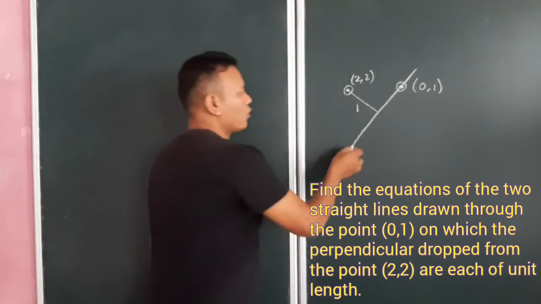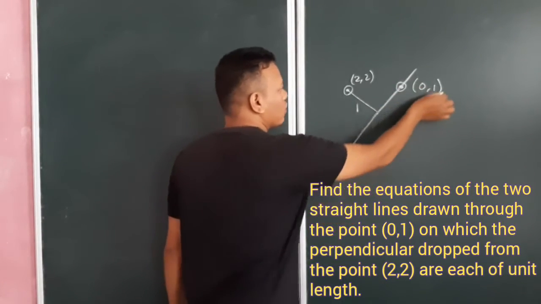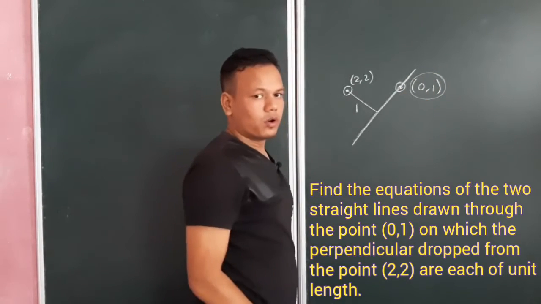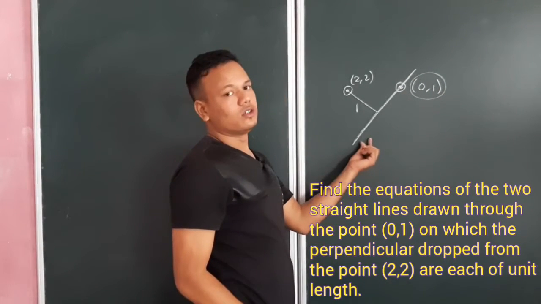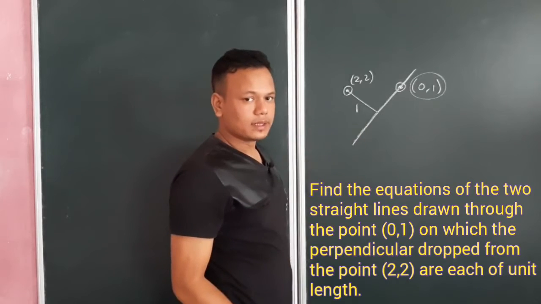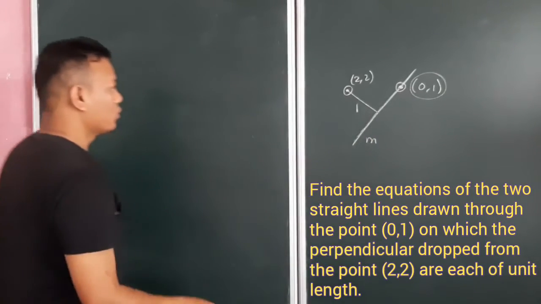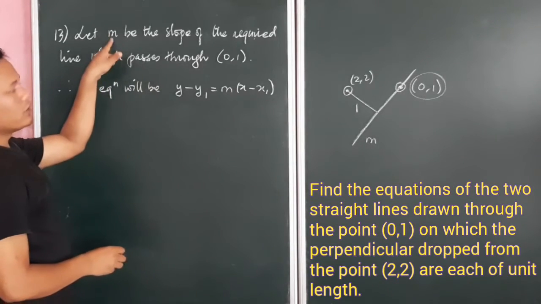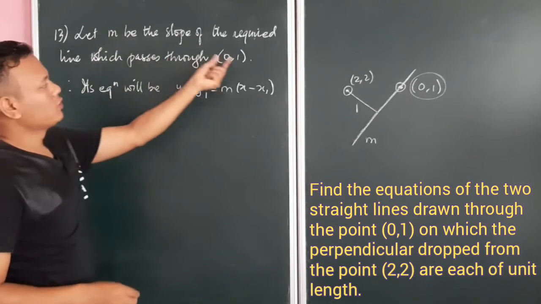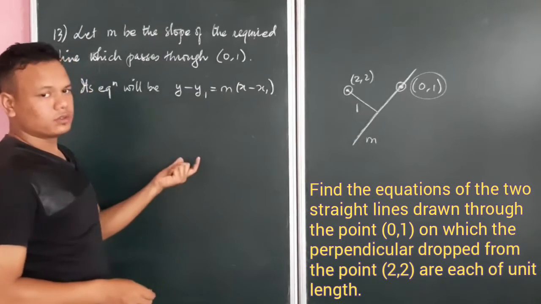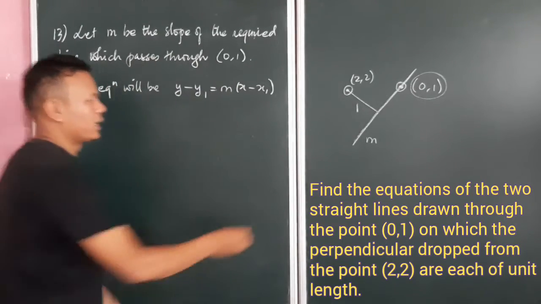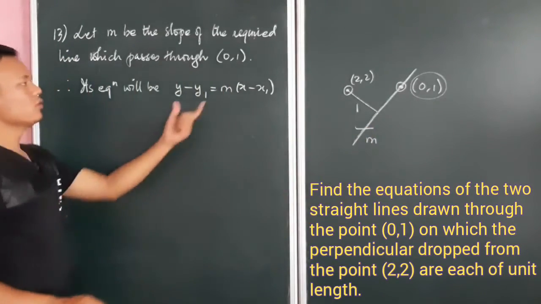So we need to find the equation of this line. We already know the point through which it passes, so basically we need to know the slope of this line. Let me call the slope m. As we have considered the slope to be m and it passes through (0, 1), the equation of this line can be calculated using this formula.